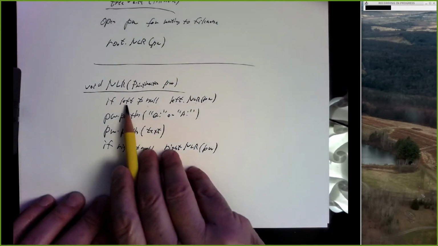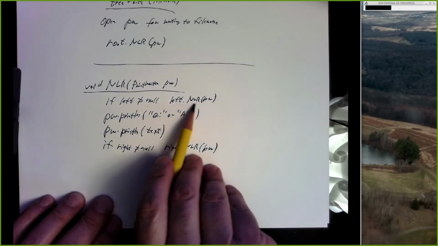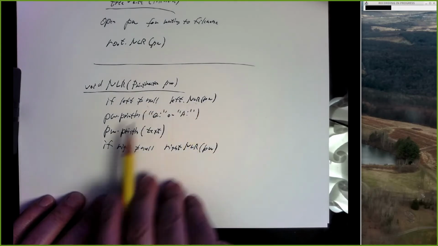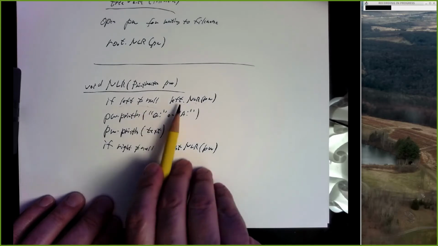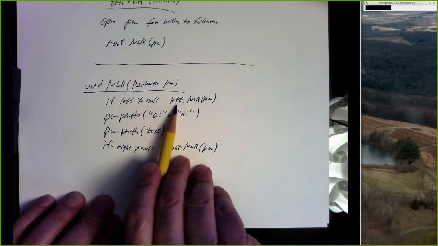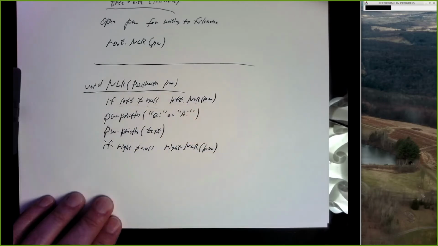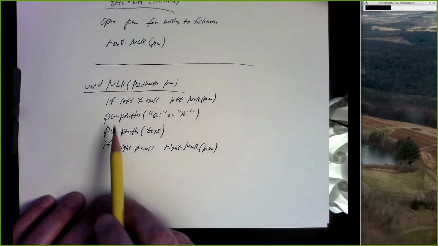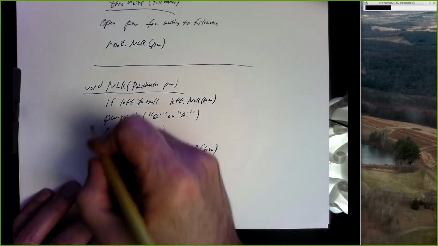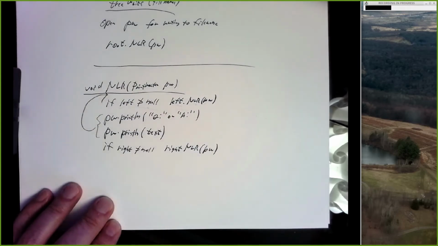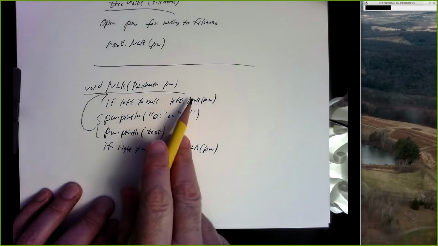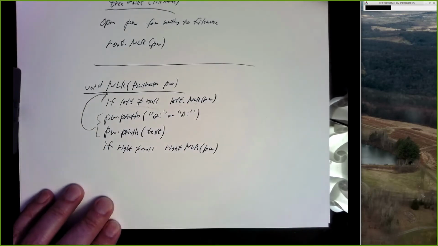But in this case, if left is null, we can't call left.nlr. That'll throw an exception. So we have to check in here to see if left is non-null. And if it is, then we can call that existing node's traversal algorithm, and then print out the root data. I did this backwards, didn't I? Do the node first, and then do the left subtree, and then do the right subtree.